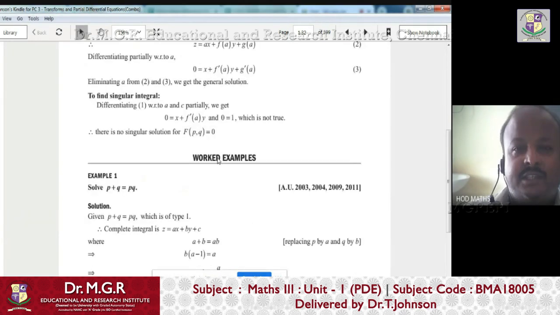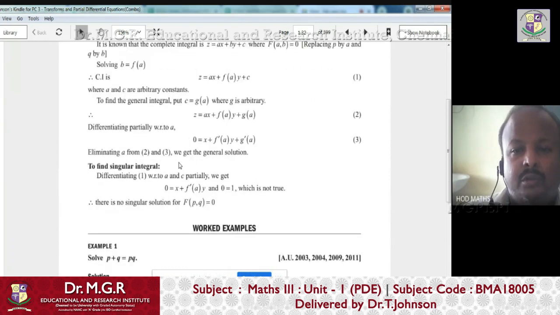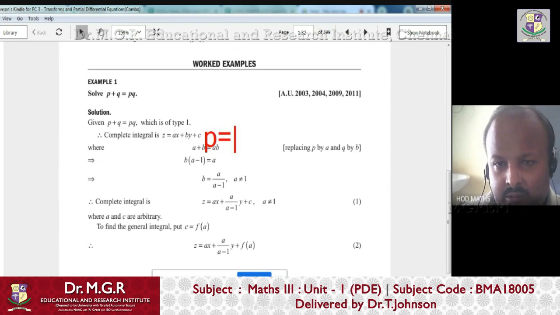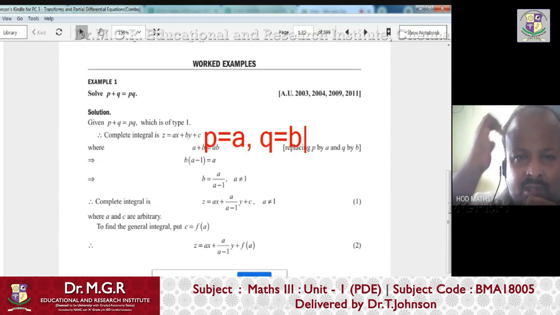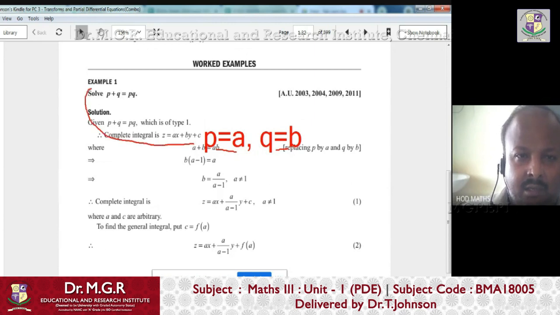Similarly, if you differentiate the same thing with respect to y, then what happens? You will get P equal to A and Q equal to B. That is dou z by dou x equals A and dou z by dou y equals B. Now you have to put that condition P equals A and Q equals B in the given PDE.